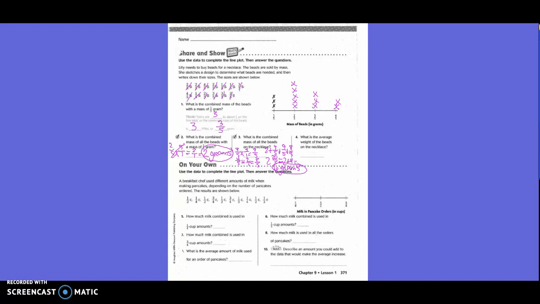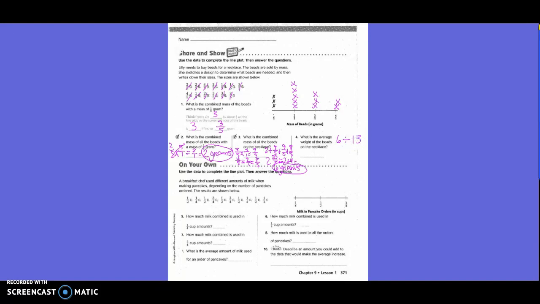What is the average weight of the beads on the necklace? So what was our total? 6. So it'd be 6 divided by how many X's do we have? How many total X's on the whole chart do we have? 3 plus 5 is 8, plus 3 is 11, plus 2 is 13.